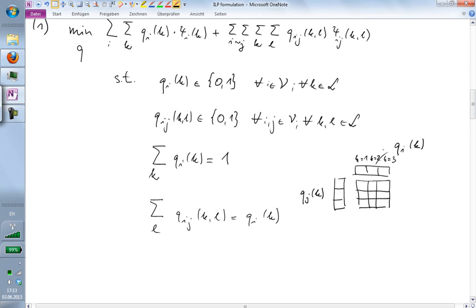So I'm indicating, for example, that at pixel number i, I'm in state 2, and at pixel number j, why not? Let's also say that I'm in state number 2, and encoded here is qij of k and l.